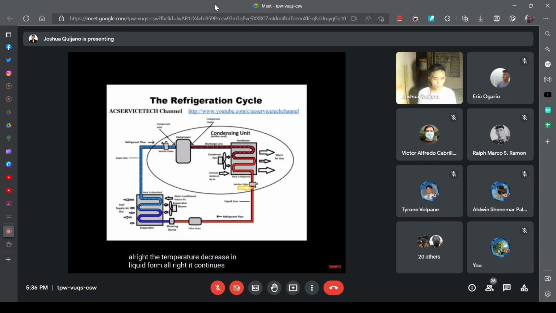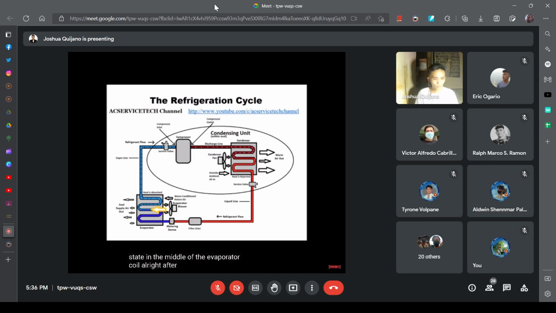All right, it continues to go through the refrigerant line until it goes through the filter dryer, which absorbs any moisture in the refrigeration system, and then it hits the metering device where there's a pressure drop. It drops from high pressure, high temperature liquid refrigerant to a low pressure, low temperature, 80% liquid, 20% flash gas, but mainly liquid. After that, in the evaporator coil, as it absorbs heat, it then turns into a saturated state in the middle of the evaporator coil.